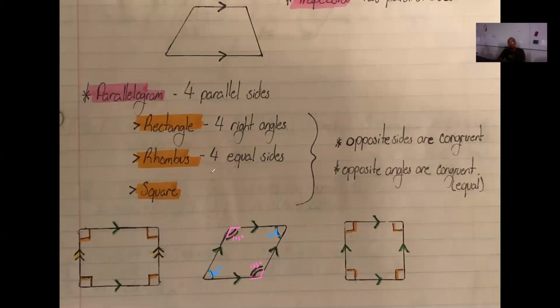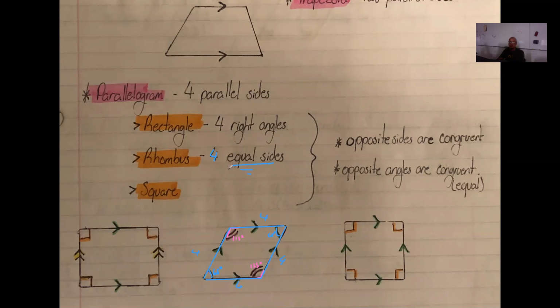But this is what makes a rhombus so special, that it has four equal sides. So this side and this side are the same, but this side and this side are also equivalent to that. So it's almost like a square, and yet it's not a square because the angles are slanted, or the lines are slanted. But yes, four equal sides. So if this was 4 inches, then this would be 4 inches, and this would be 4 inches, and this would be 4 inches.